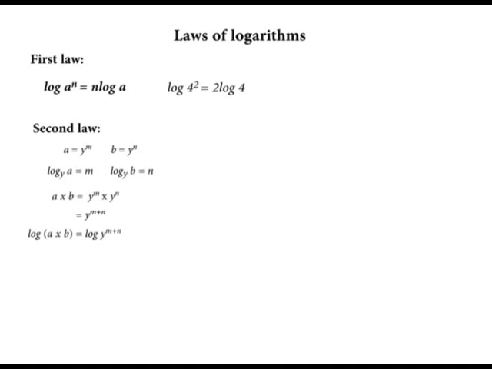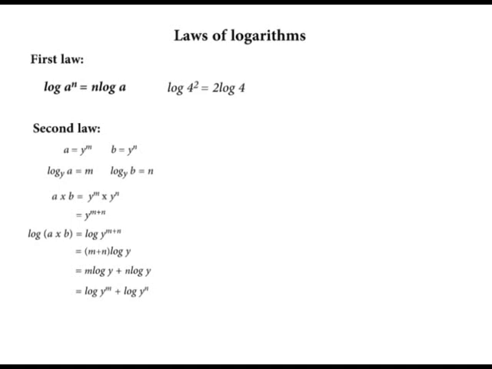Using rule 1, log of a times b is equal to m plus n times log y. Opening the brackets on the right hand side, we shall have log of a times b is equal to m log y plus n log y. Reversing rule 1 now, we shall have log of a times b is equal to log of y raised to m plus log of y raised to n.